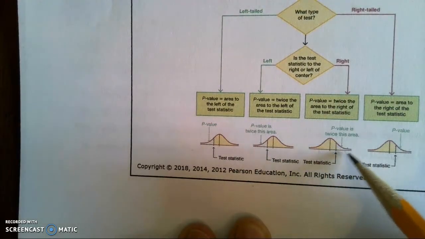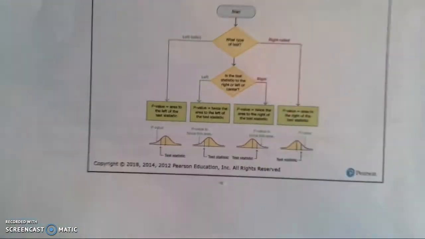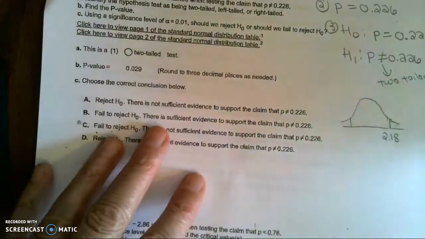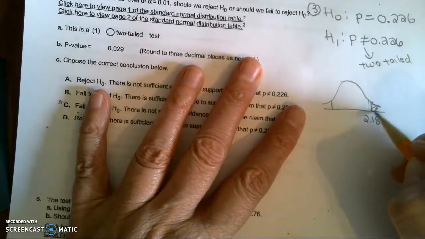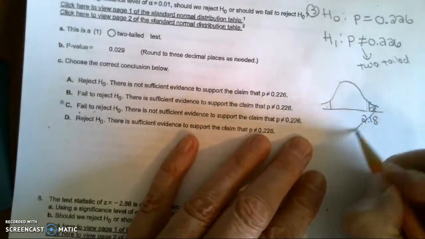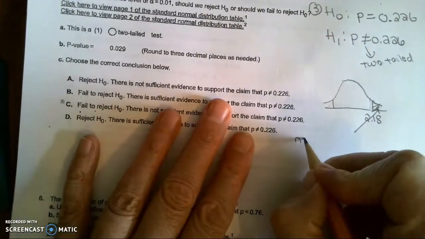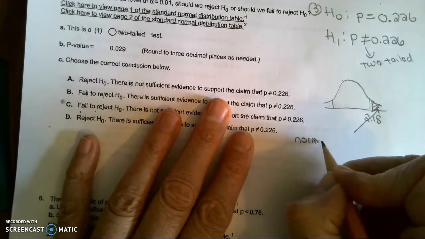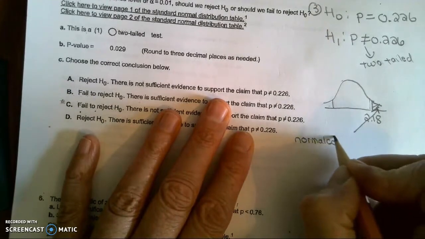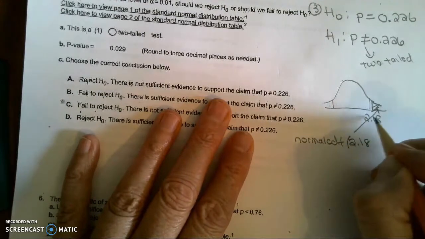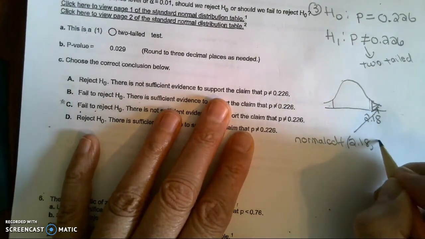So I want to basically find this area using normal CDF and then multiply it by 2. So the way I find this area is I put in normal CDF, my low, my high is infinity, so I just put a bunch of 9s.